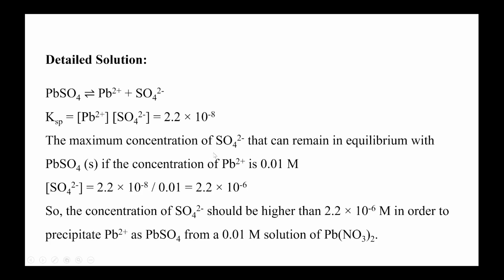Now we have to find the maximum concentration of SO4 2 minus that can precipitate the Pb2 plus ions as PbSO4 from 0.01 molar of Pb(NO3)2.